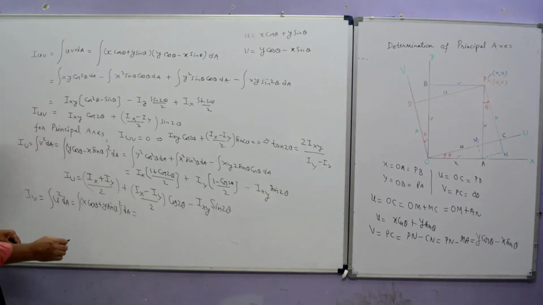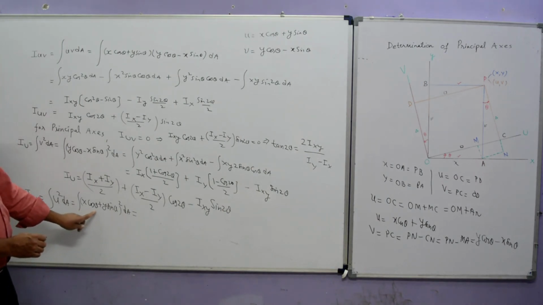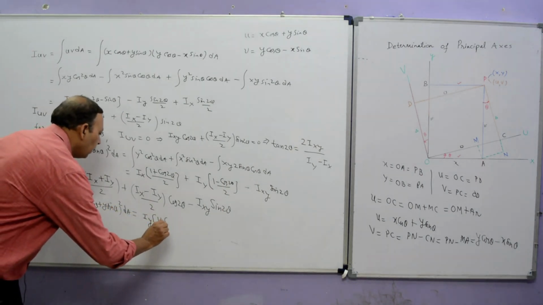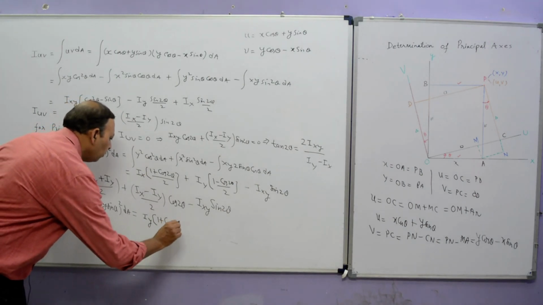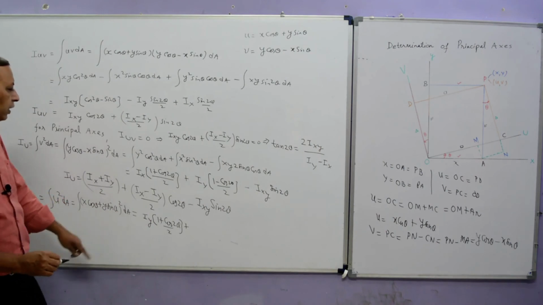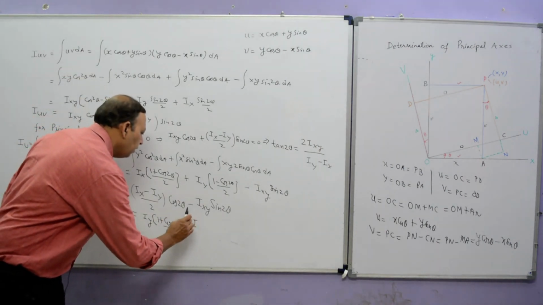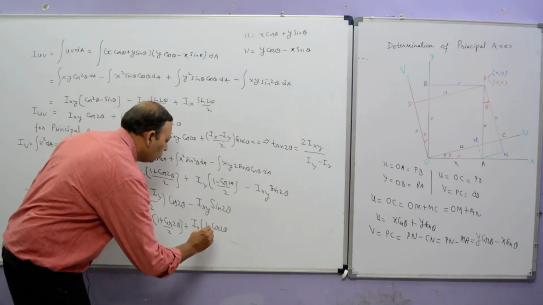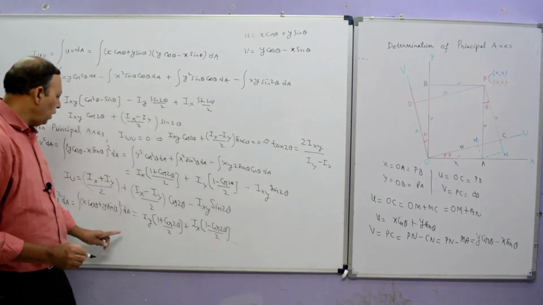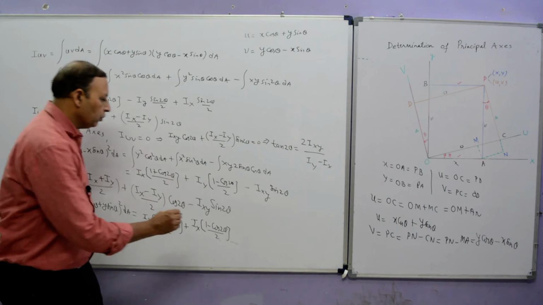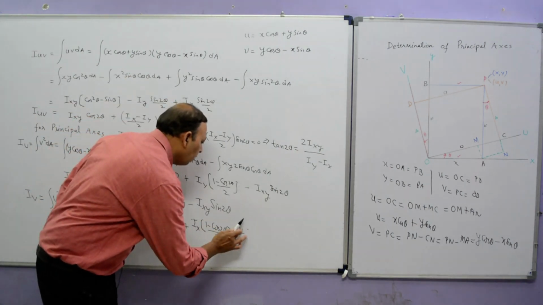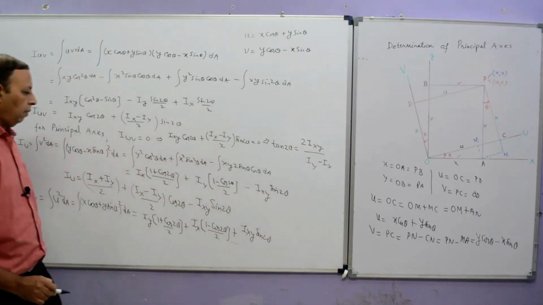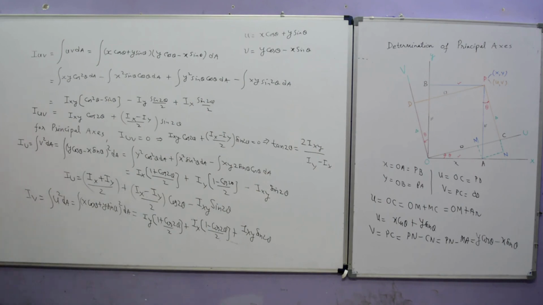So we will get the value of x square cos square theta: Iy times 1 plus cos 2 theta by 2, plus y square sin square theta: Ix times 1 minus cos 2 theta by 2, and finally 2xy sin theta cos theta gives Ixy sin 2 theta.